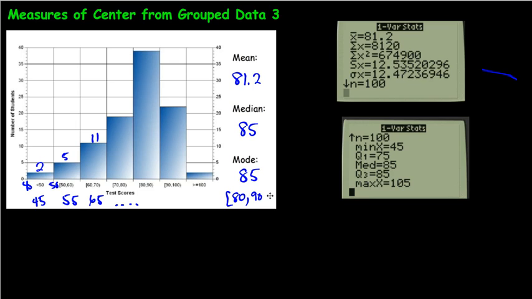And notice in this histogram, they're not including the right edge. So a 90 would be reported into the 90 to 100 bin, 100 reported into the 100 to 110 bin, and so on and so on.